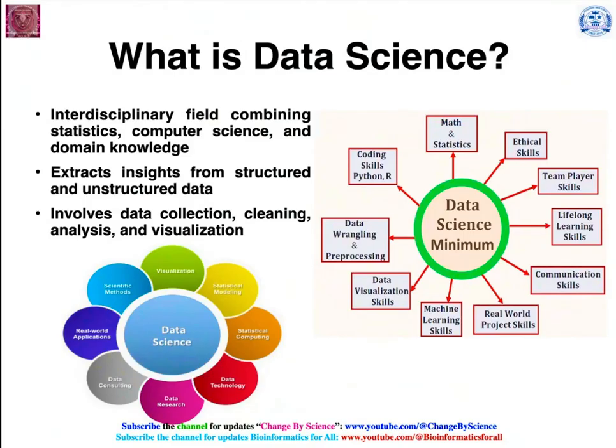And then if you want to summarize data science, you need to think about what statistical modeling and computing are, what data technology and data research are, then data consulting, and what the real world applications and scientific methods are, and how to visualize them.